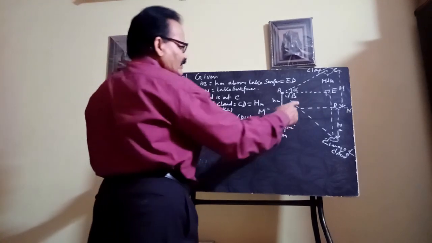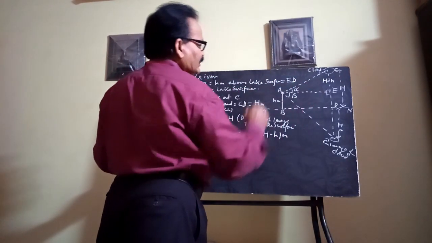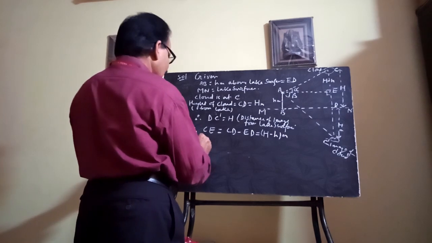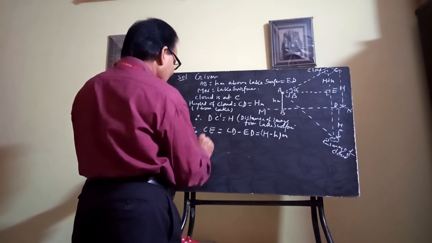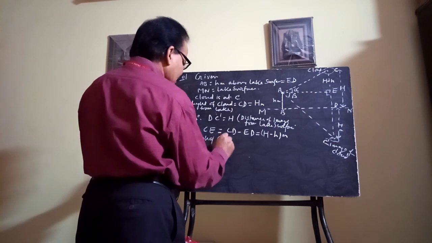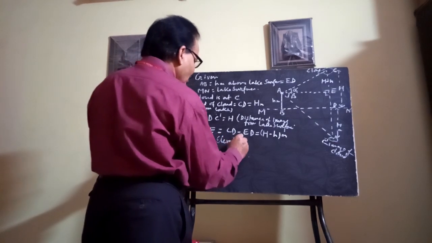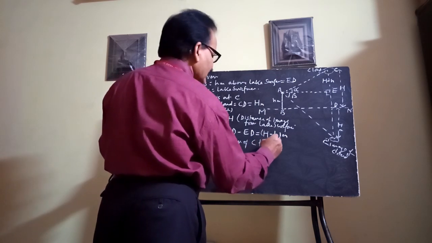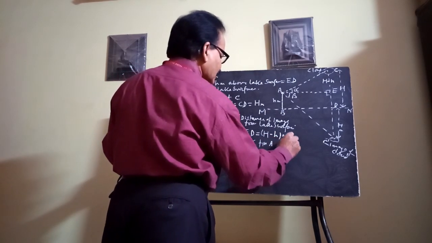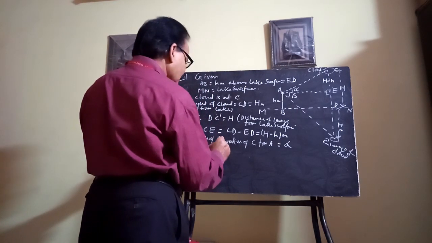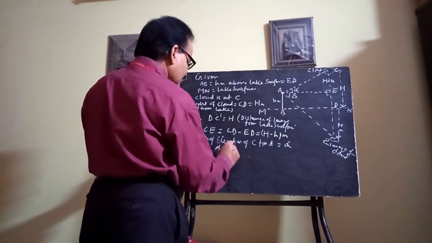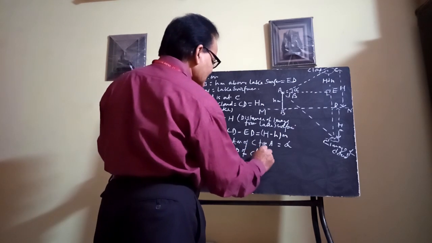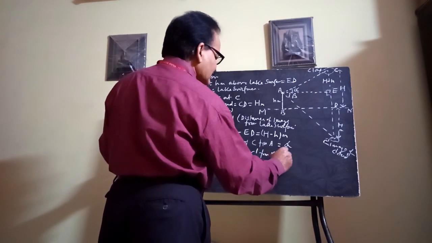Now you have to consider your alpha. So you see, angle of elevation of C from A is your alpha, and angle of depression of C dash from A is your beta.